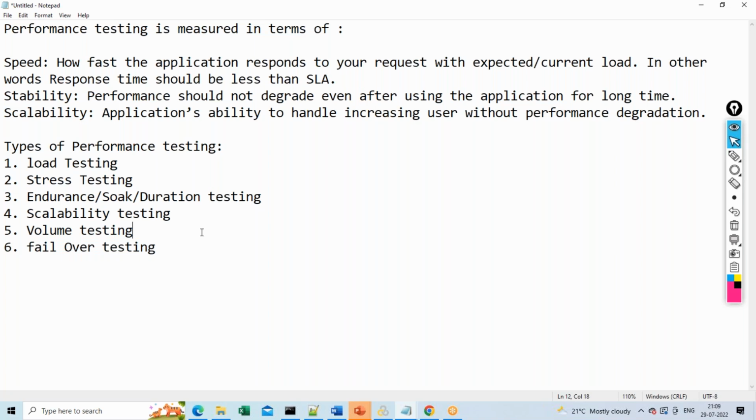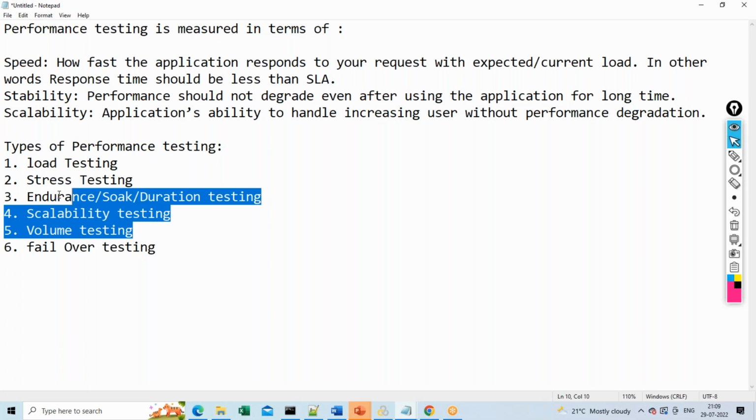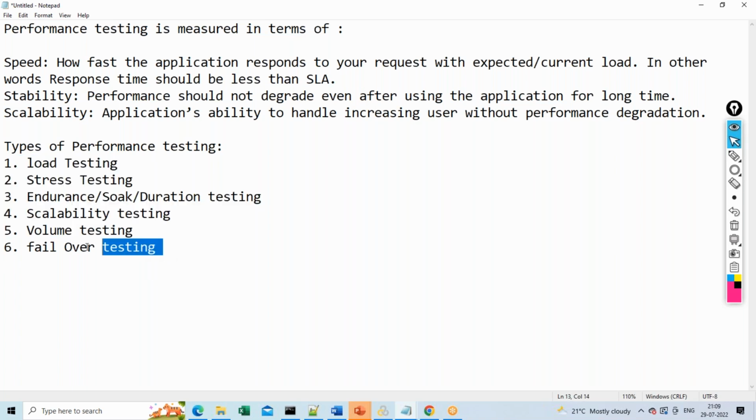In today's session, we will be discussing the first 5 types of performance testing, because for failover testing we need to understand some other terms and concepts, like what is a server, what is an application server, what is a database server, what is a web server, and what is a protocol, or in fact about these servers.